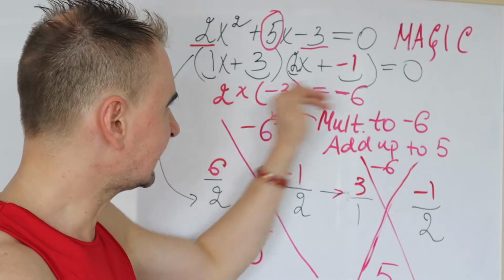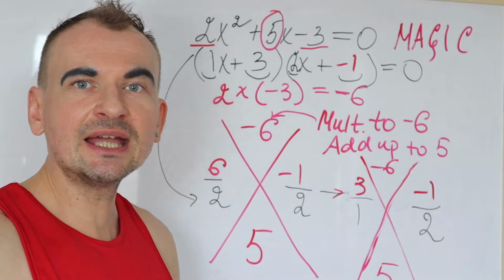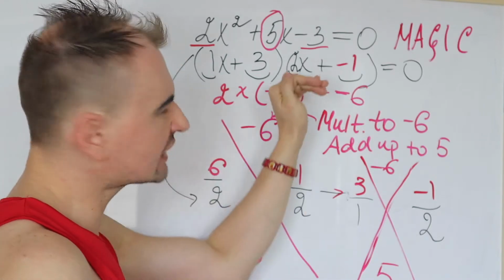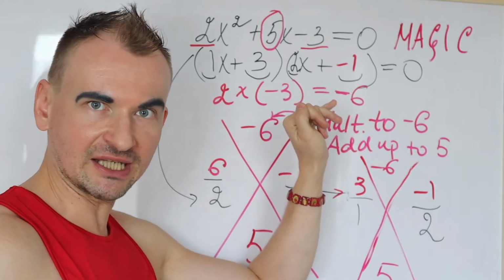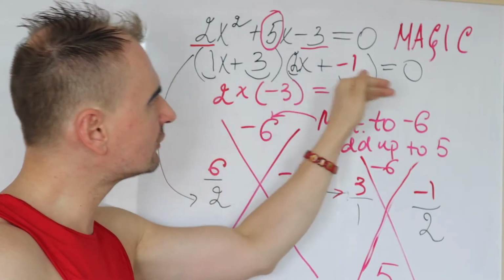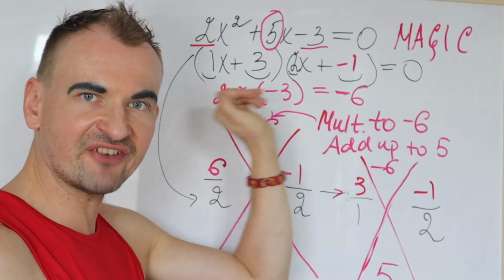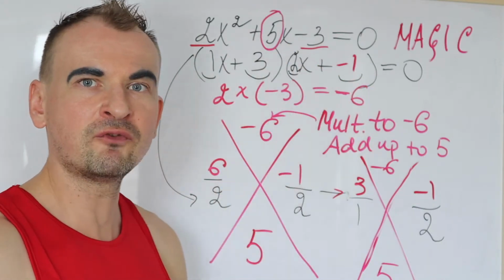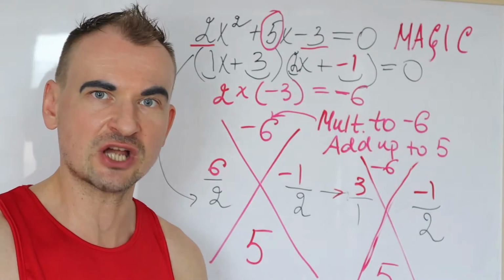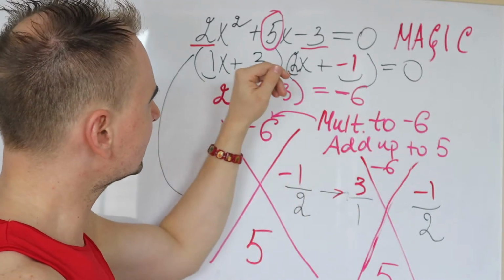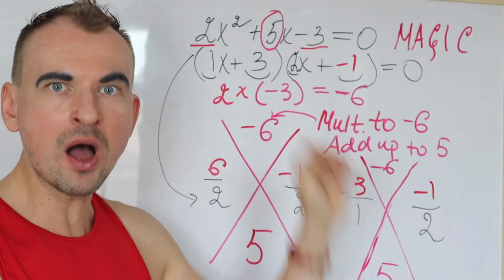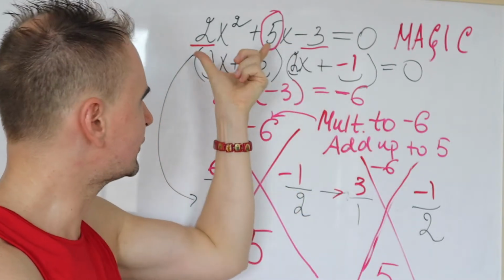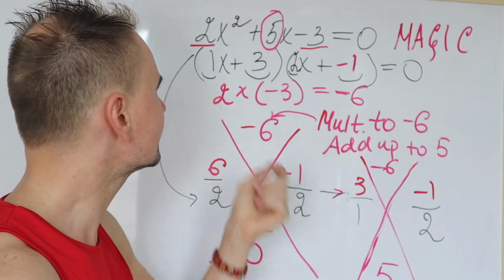We're done with factoring at this stage, and I would suggest you check your factoring. You can verify this by just multiplying and foiling things out, and make sure that you get back your original left side.